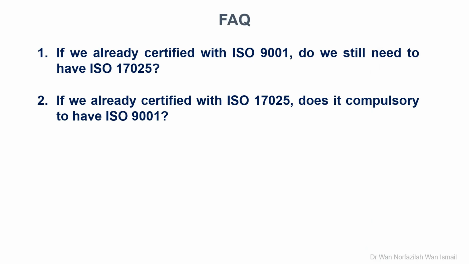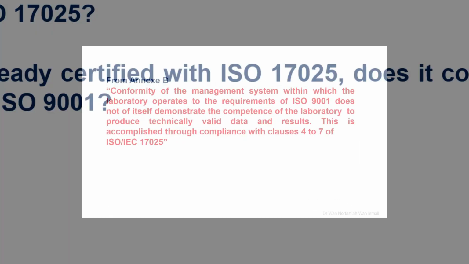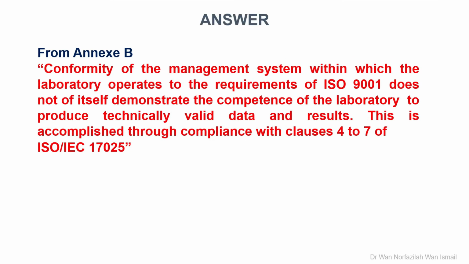These are the frequently asked questions about the two standards. If we are already certified with ISO 9001:2015, do we still need to have ISO 17025:2017? Or, if we are already certified with ISO 17025:2017, is it compulsory to have ISO 9001? The answer is that conformity of the management system within which the laboratory operates to the requirements of ISO 9001 does not of itself demonstrate the competence of the laboratory to produce technically valid data and results.